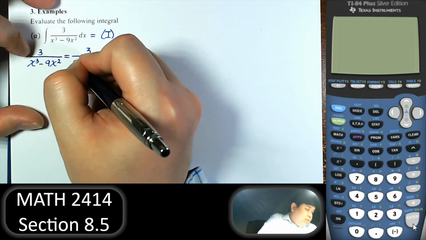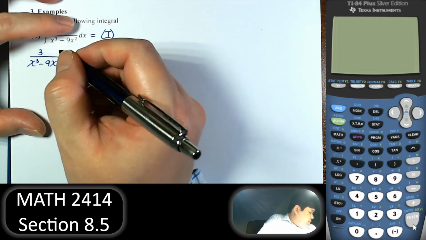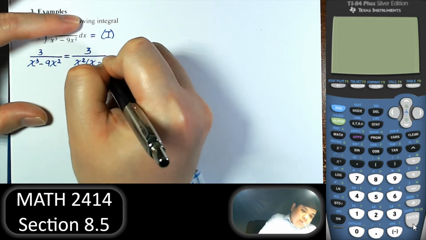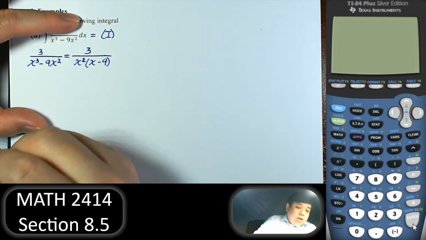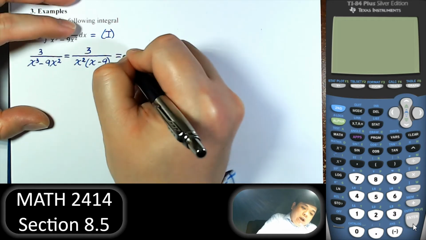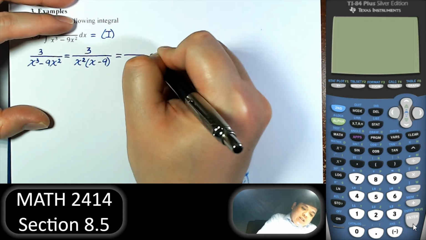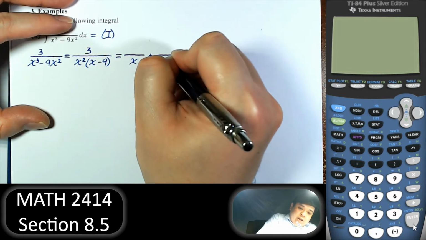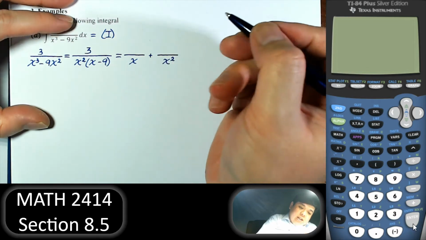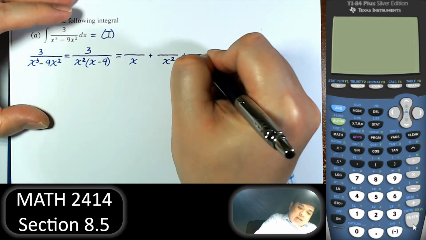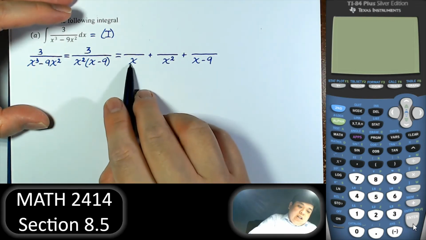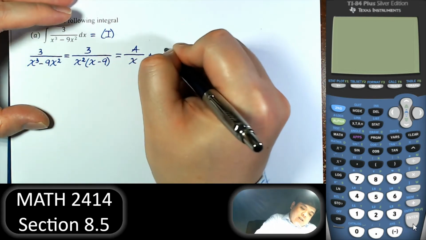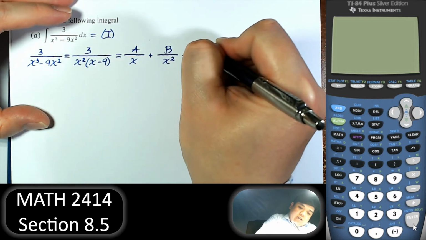And then we have x minus 9. Now we have x squared, meaning that there's a factor of x and x squared, and then the factor of x minus 9. Linear factor, so A, B, and linear factor C.